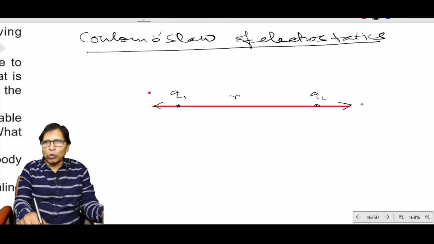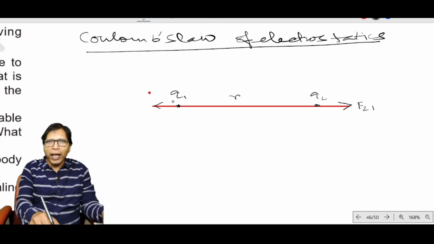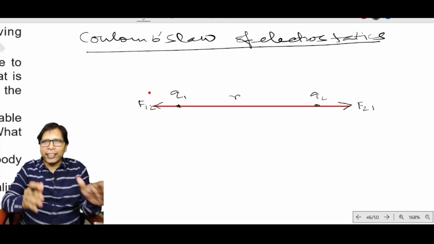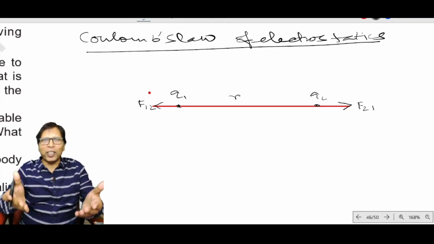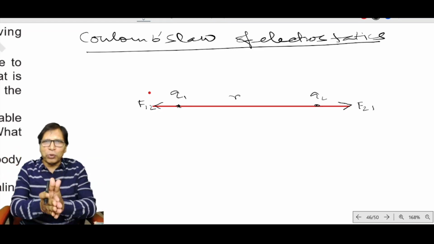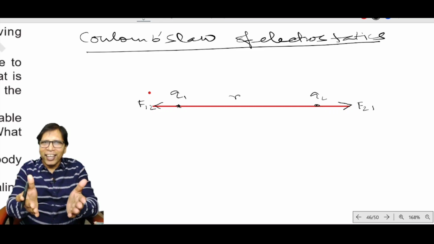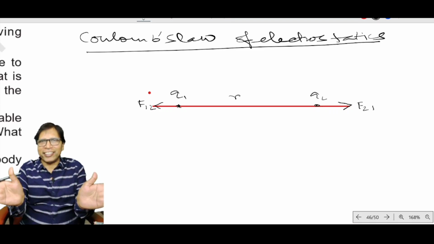The force on Q2 by Q1 is F21, and the force on Q1 by Q2 is F12. These two forces act along the line joining the two charges, and their magnitudes are equal and opposite in direction.